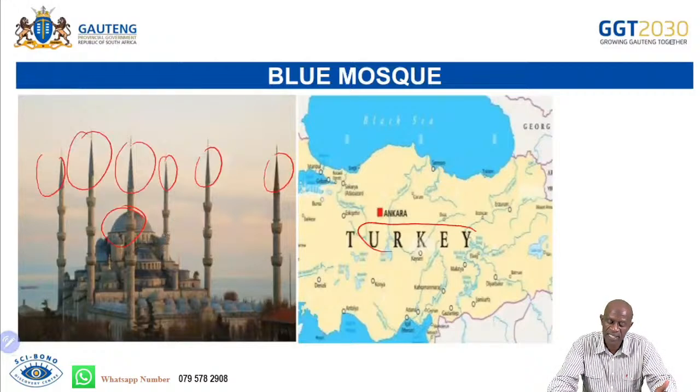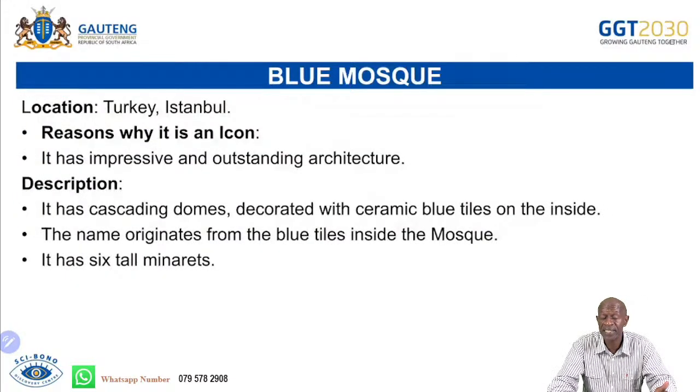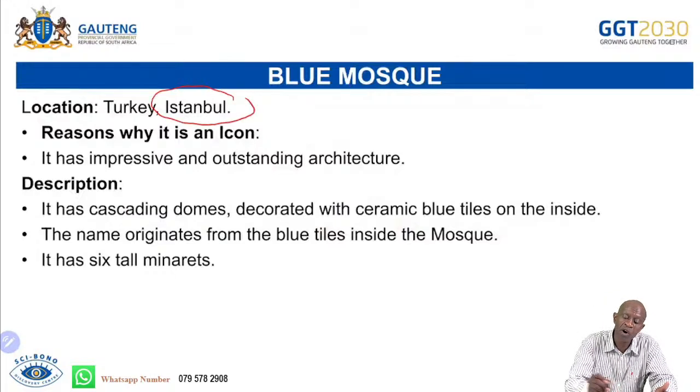It is located in Turkey, that is the country, and the continent is Europe, and the city is Istanbul. So the reason why it is an icon, it has impressive and outstanding architecture as well. So in terms of architecture or the art of creating this, it is very outstanding and impressive.